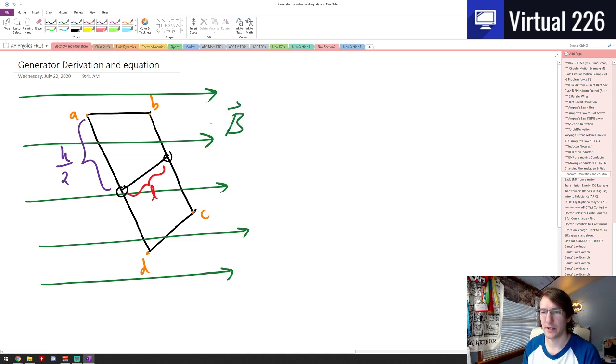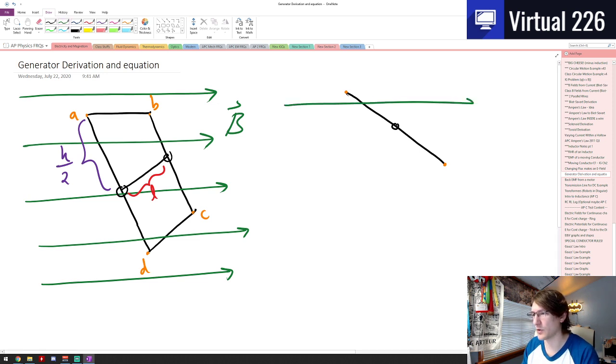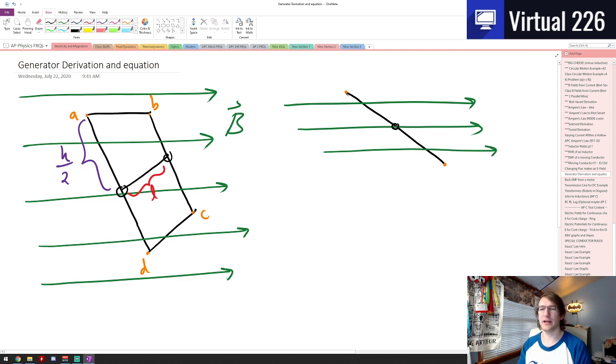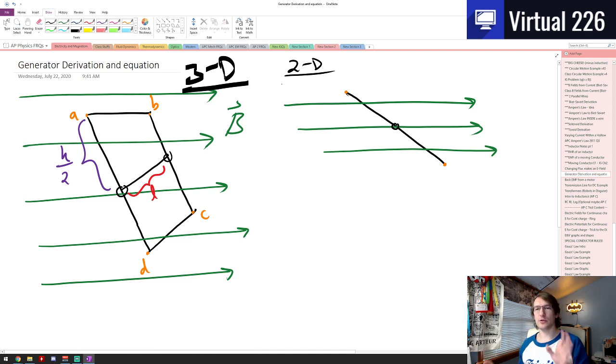From the side, here is a bar, here is some pivot, here are the vertices A and B up here, and down here are C and D. And we see a B field running right through this thing. So this is your 3D view, and then this is what I can draw in 2D. That's just our picture, what we're having in mind.